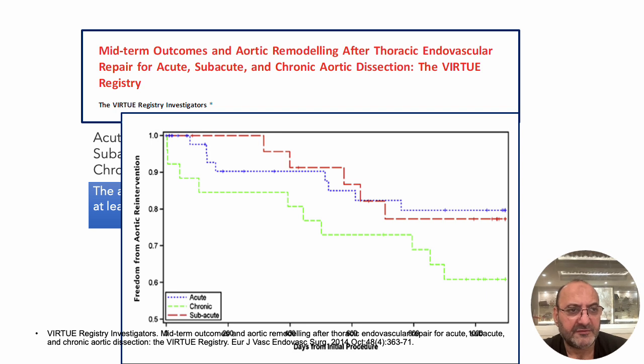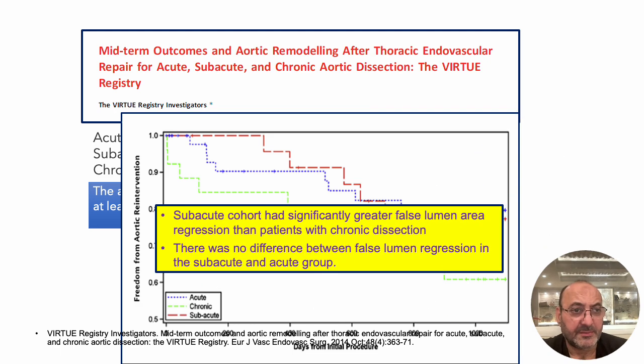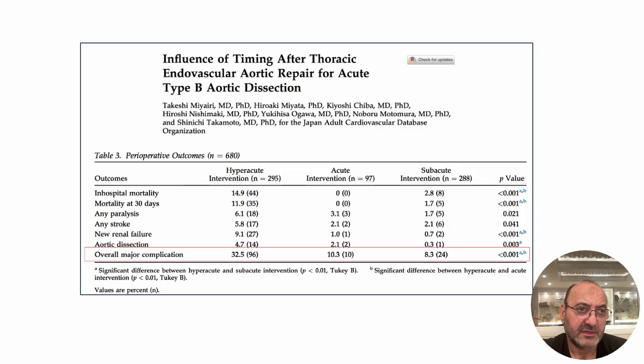The freedom from reintervention decreases dramatically when the dissection becomes chronic. The subacute cohort has significantly greater false lumen area regression than patients with chronic dissection, and there is no difference in false lumen regression between the subacute and the acute group, as you see nicely on this graph.